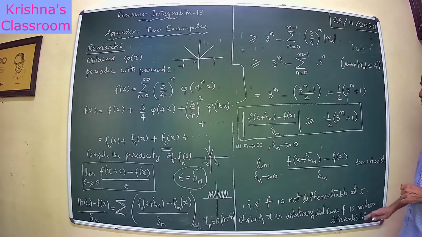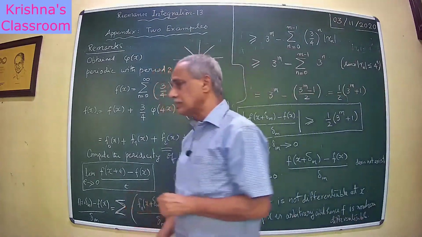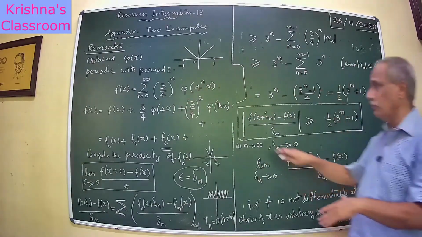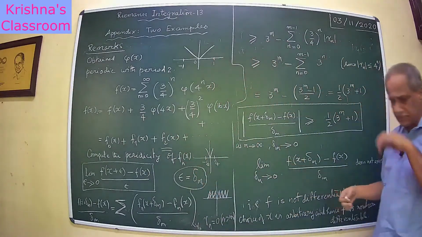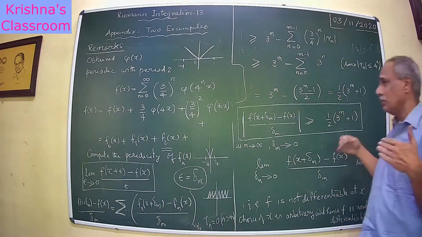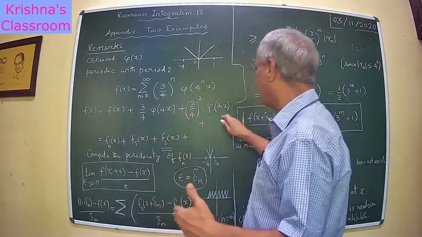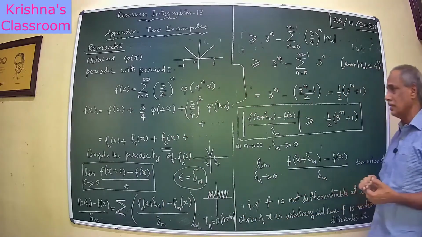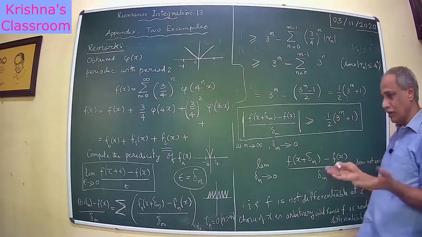And you can see some similarity between the two examples that we considered. In both the cases, we make the function oscillate more rapidly. We work with an infinite series. And this is clearly one of the techniques for building up new functions with a desired property. Here, your objective is to get the function non-differentiable at every point.